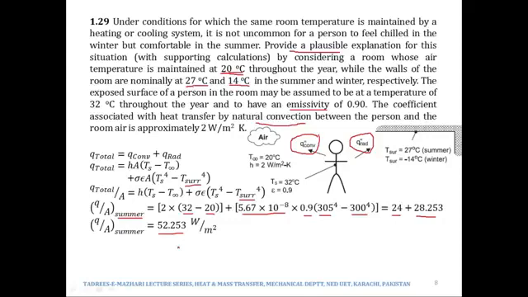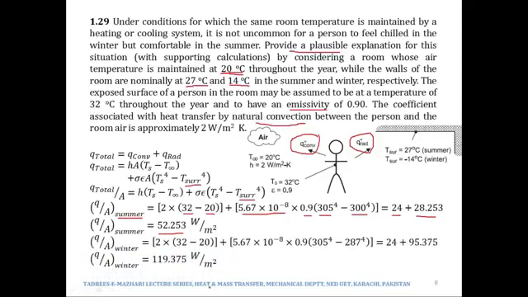And if we put the values corresponding to the winter season, so in winter what is changing? See, h remains 2. The person's own body temperature remains 32. We are maintaining T infinity via heating in winter at 20 degrees Celsius.